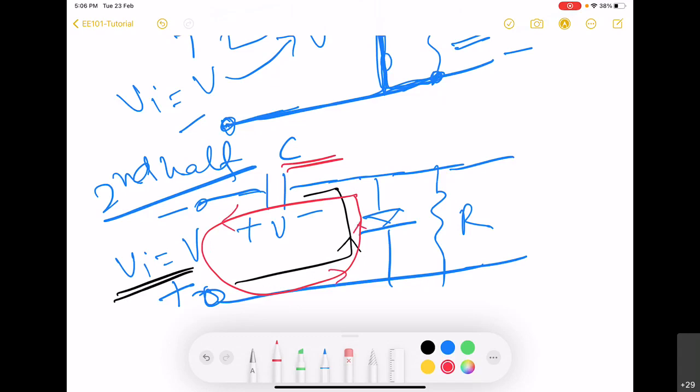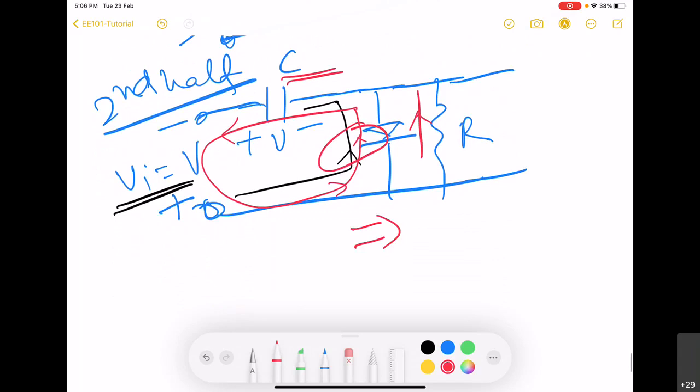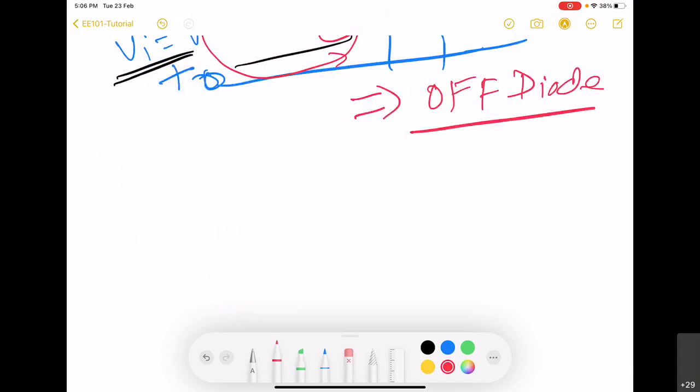So now you can see that the diode experiences two fields, both in the opposite direction to that of the diode orientation. So this implies the diode is going to be off. So we can now substitute the diode by an open circuit. So the equivalent circuit is going to be like this now.